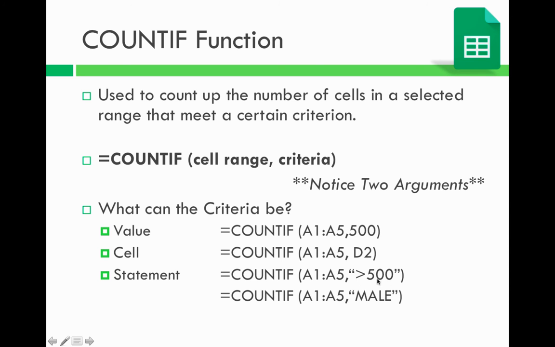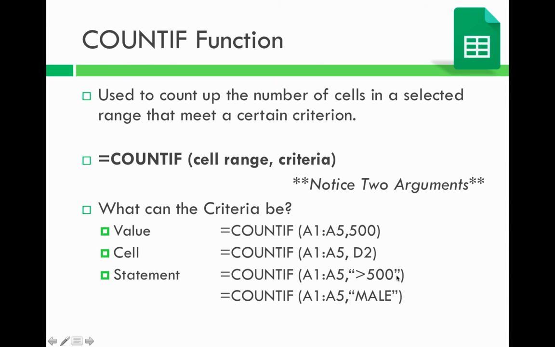Right, so we can have this bit of a comparison statement going on in here. Okay, please note that if you're going to do this type of statement, greater than 500, less than 500, whatever, in this particular function, that statement has to be put inside quotes. Okay, it's an open quote and a closed quote. If you try to do it without the quotes, I believe Sheets is going to yell at you.